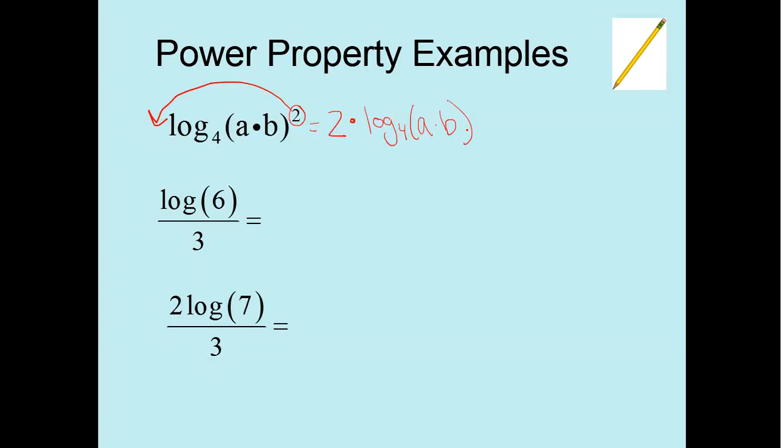Now, ultimately, guys, I can expand this with our product property because I have a times b sitting inside there. So I can go a little further on this problem and be 2 times everything, log base 4 of a plus log base 4 of b.